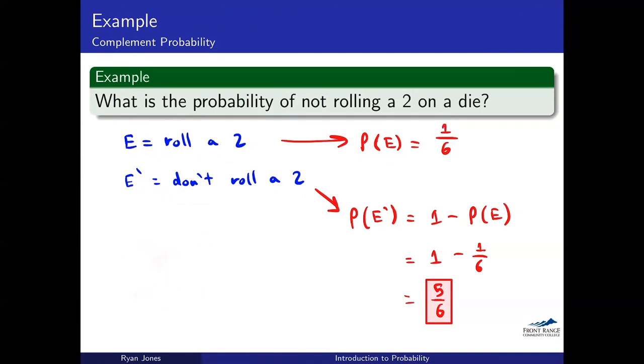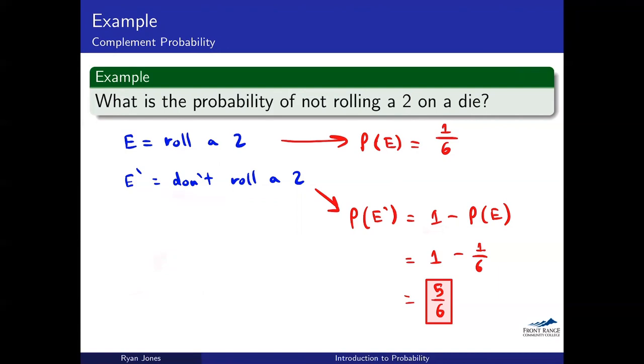That's fine. You get the same answer. I'm just showing this example here because there are certain scenarios where it's a lot easier to calculate the probability of something happening directly. So then you can just use this formula to find the probability that it doesn't happen. And we'll see examples of that, but for now, we'll just use this very simple example.